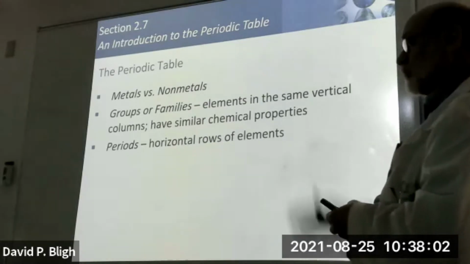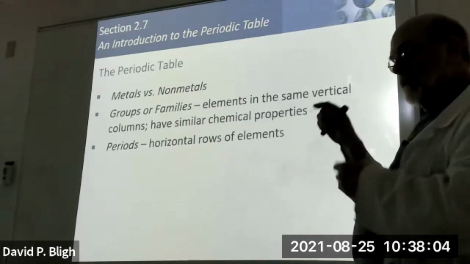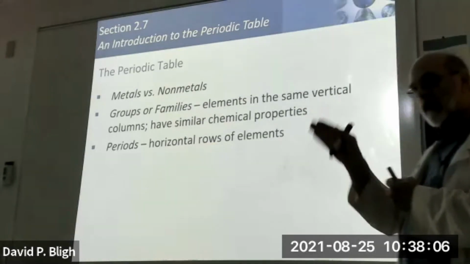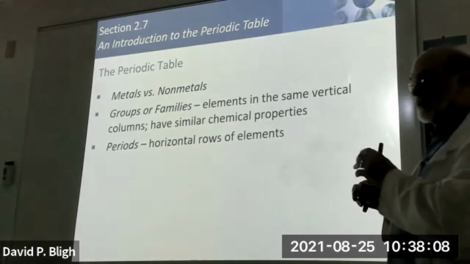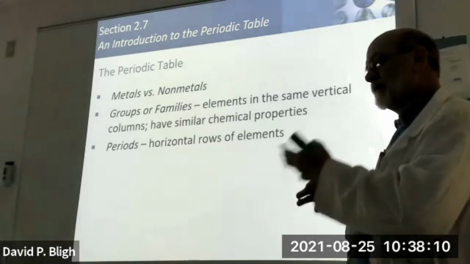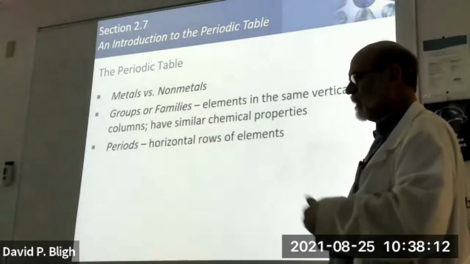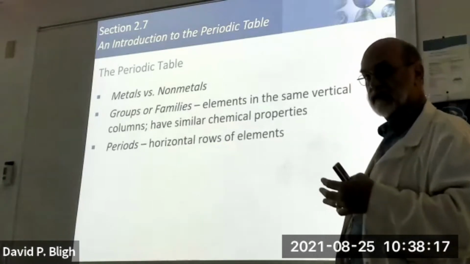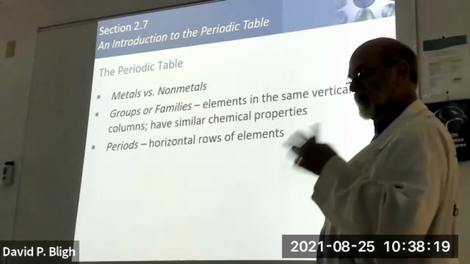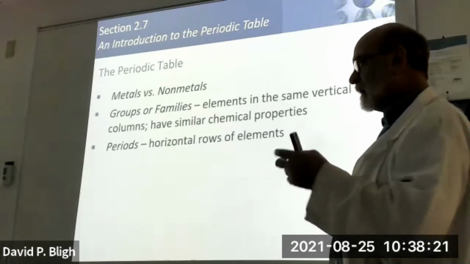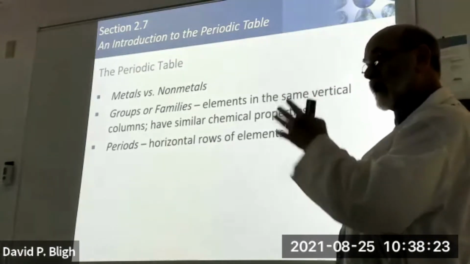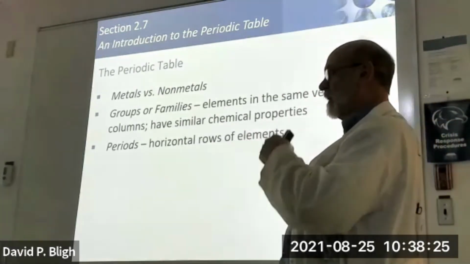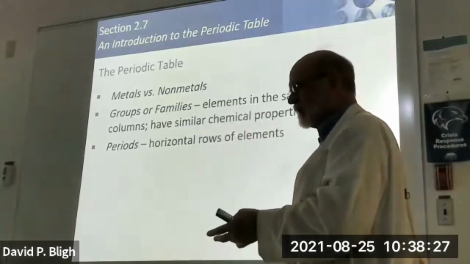But groups are the verticals. These elements are grouped that way because they have similar chemistry. They behave similarly. They're not exactly the same, but they're similar. And in fact, that's the way Mendeleev identified them. When he built his periodic table, he grouped elements by their chemical behavior and other factors.